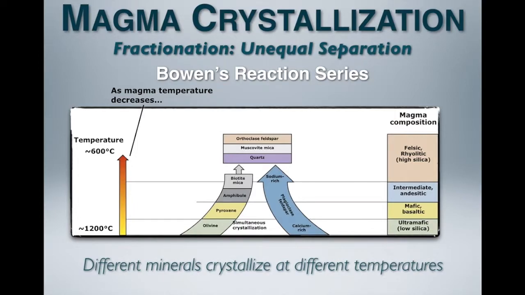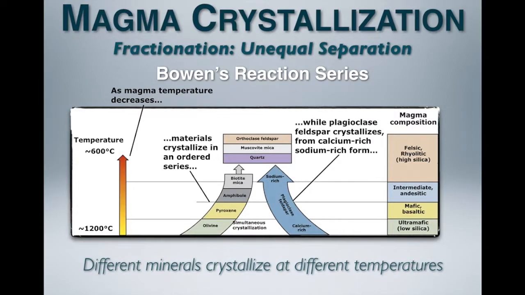So, as magma temperatures decrease or get cooler, we have a very specific order of minerals that form. And we also can see that plagioclase will move from calcium-rich to sodium-rich as temperature cools. Again, affecting the composition and type of igneous rock that forms.